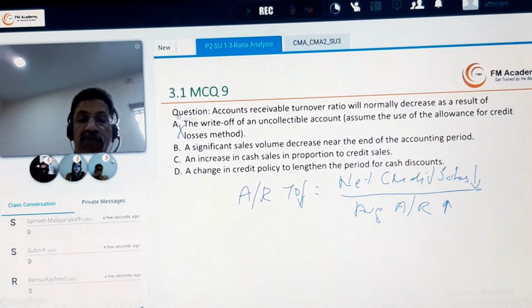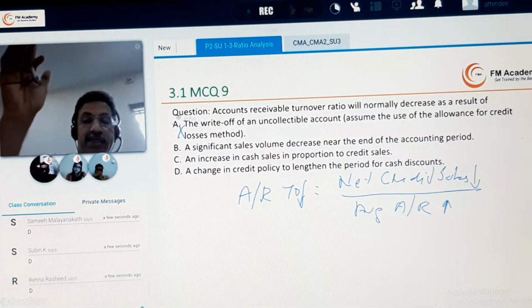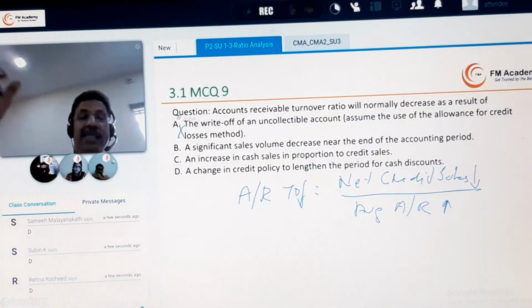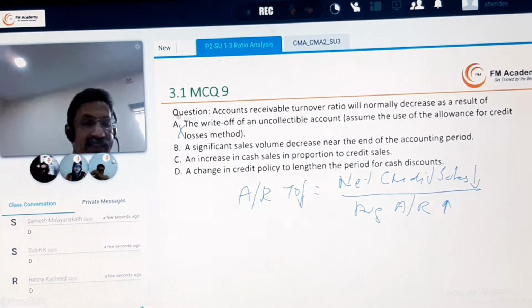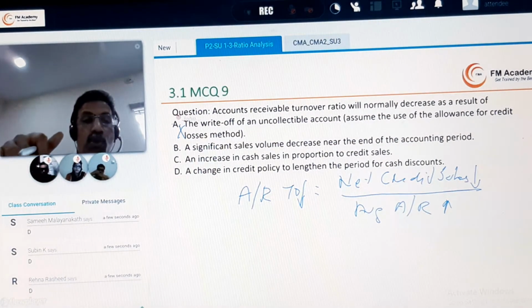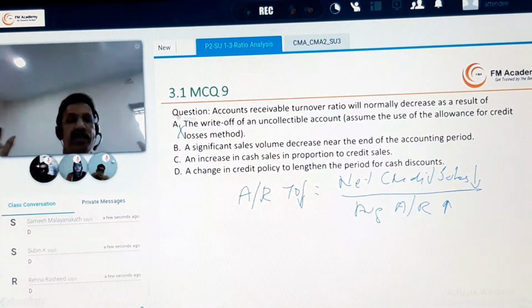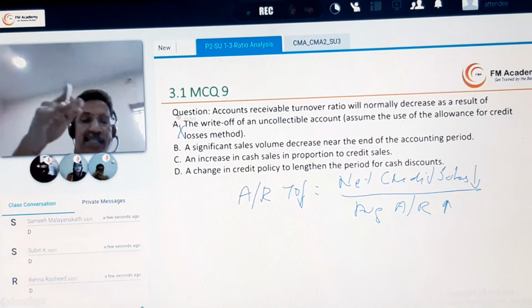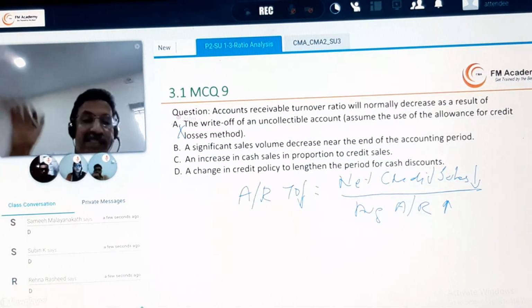Then, significant sales volume decrease near the end of the accounting period. So that means the pattern of the sales is really changing, but the total sales remain unchanged. It means total sales remain unchanged, but there is seasonality, that towards the end of the accounting period there is less sales.